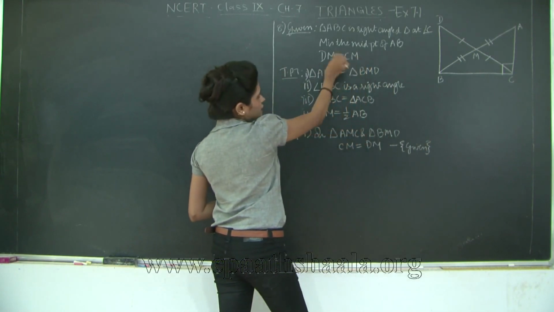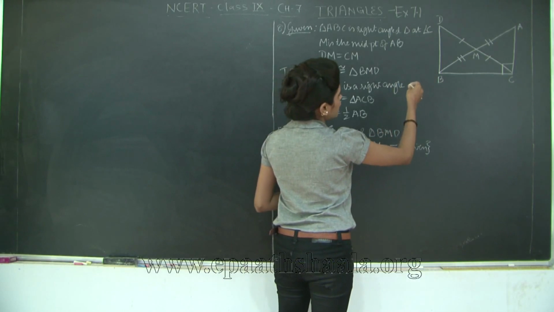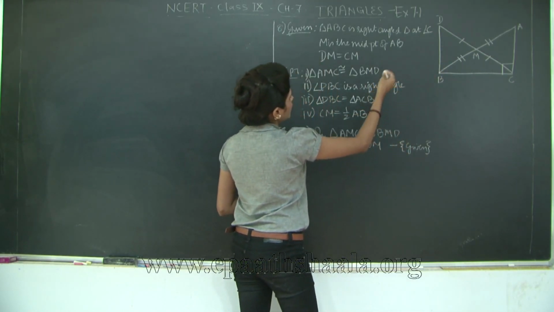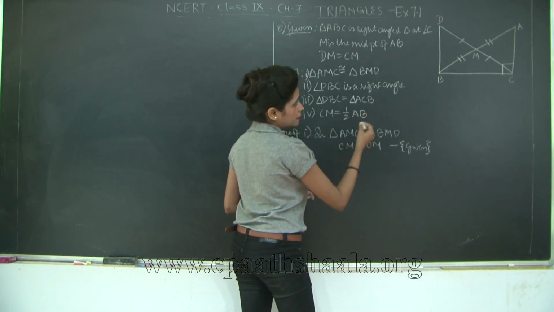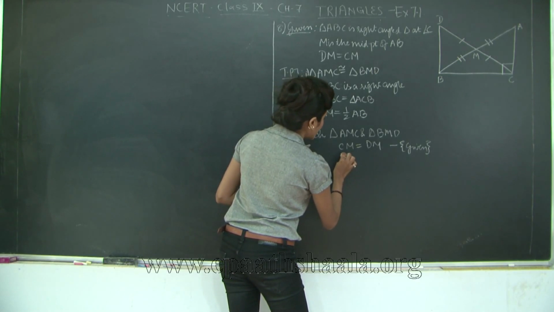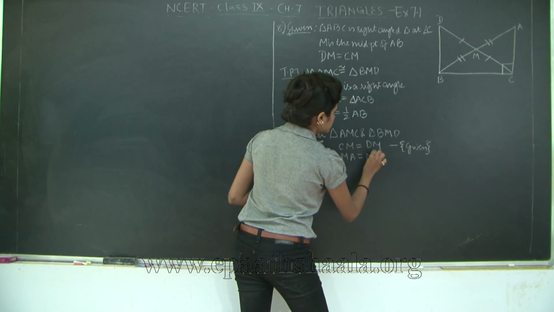It's given over here. I have just reversed and I have written it. CM is equal to DM. Also, MA is equal to MB or AM is equal to BM, correct? Why? Because M is the midpoint. So let's write this. I have MA is equal to MB.